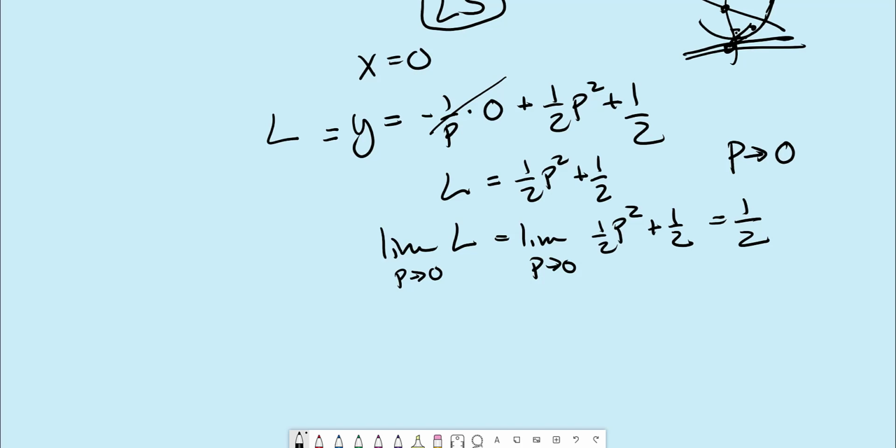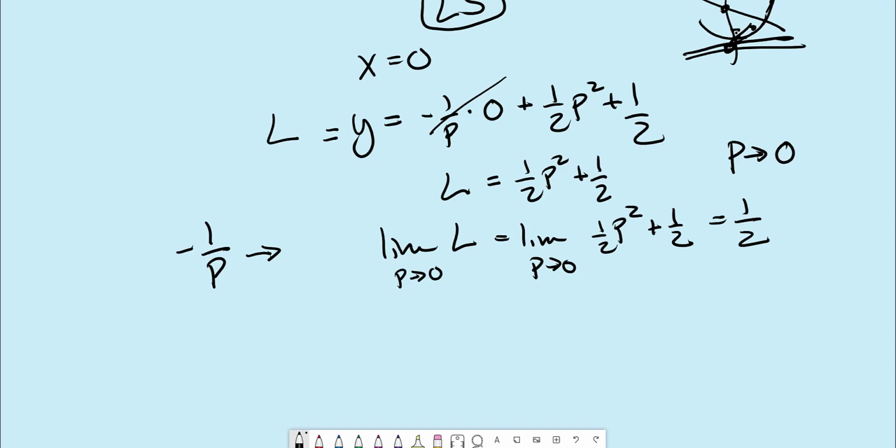But what happens is that the angle gets bigger and bigger as we go to 0. The angle is given by the slope, which is negative 1 over p. And as p goes to 0, this number, 1 over p, explodes. The limit for that is infinity.